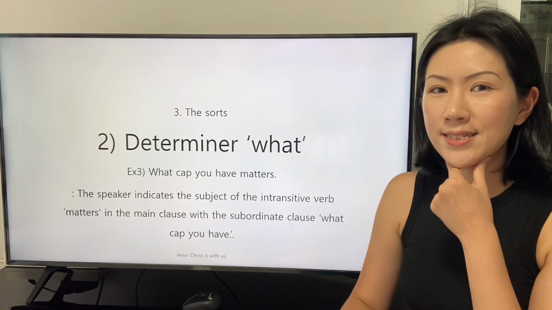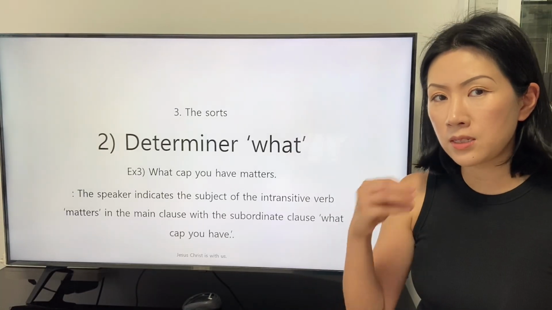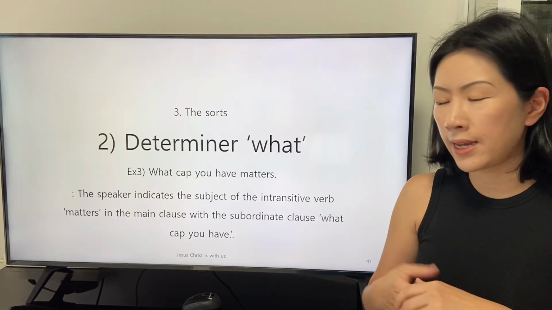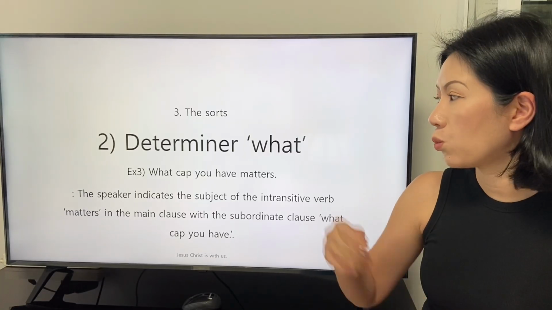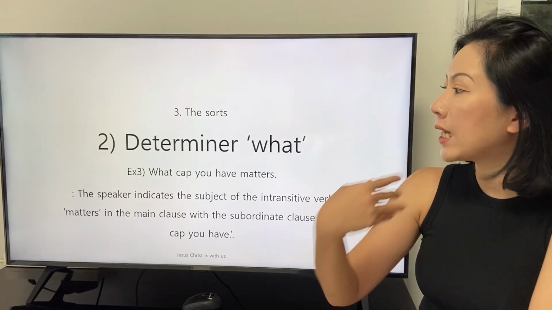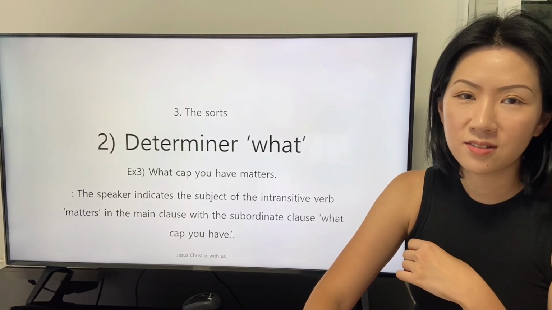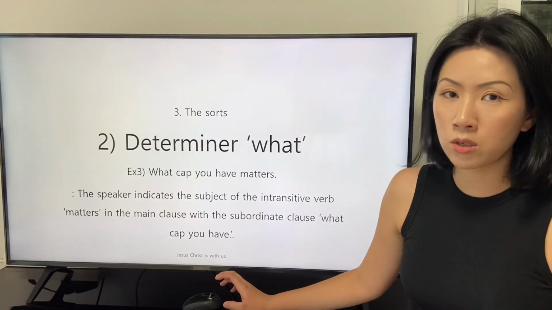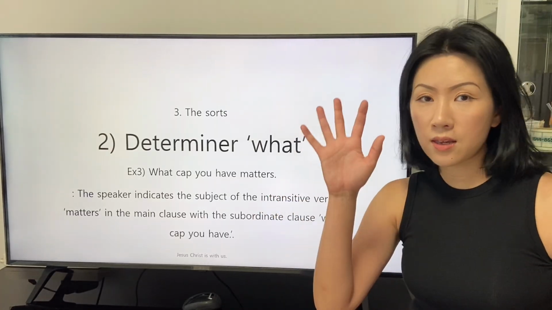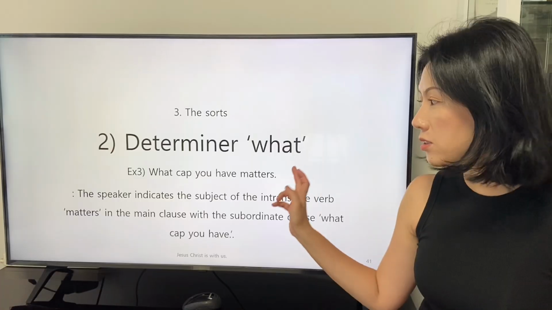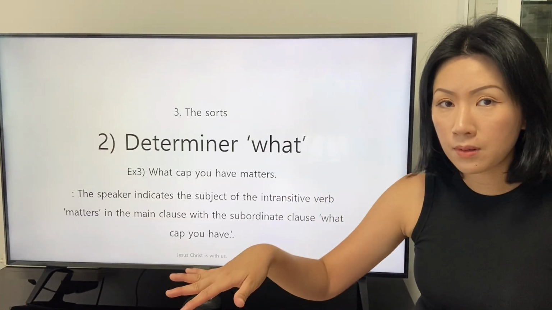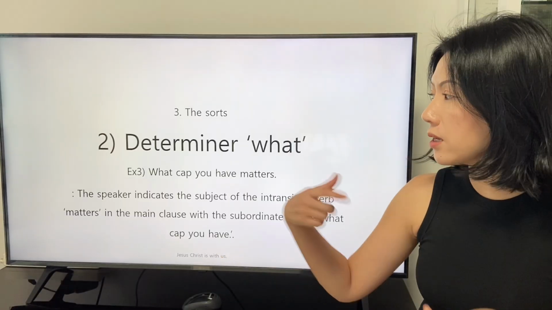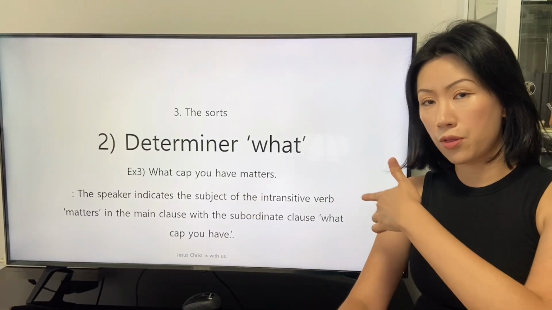We can guess that the two clauses before being integrated into this sentence might be like these ones: what cap do you have? And the cap matters. The speaker finds out that the phrase of the general noun what cap and the subject of the second clause, the cap, are the shared indication, so the speaker might link the two clauses into the third example like this.